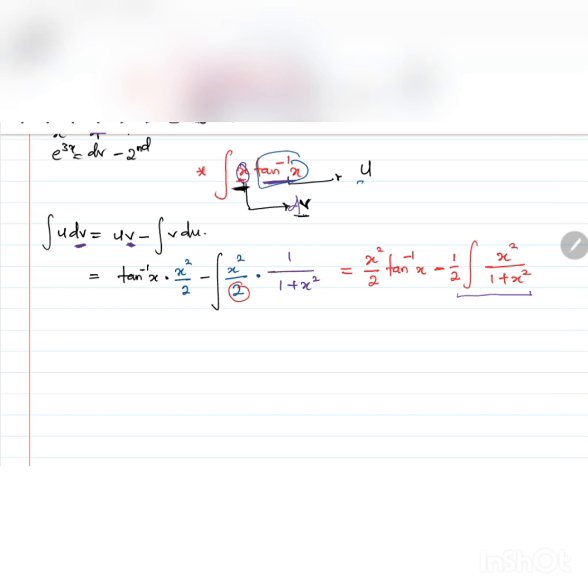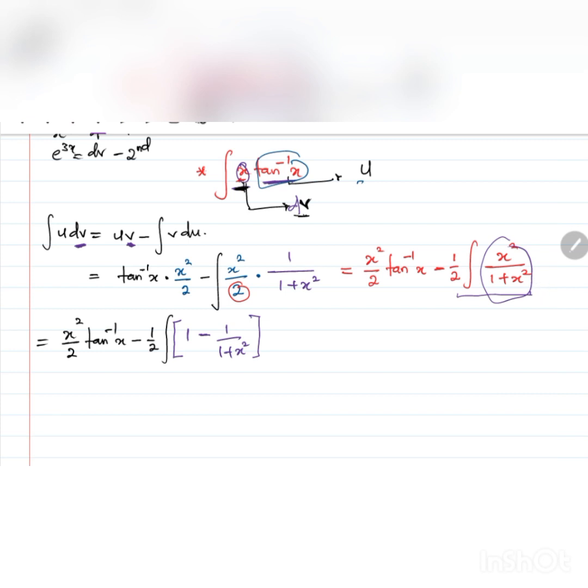That is equal to x squared over 2 arctan of x minus 1 over 2 the integral of, in brackets, 1 minus 1 over 1 plus x squared. How do I get that? I split it out so that it is easy to integrate, using the long division method of polynomials.